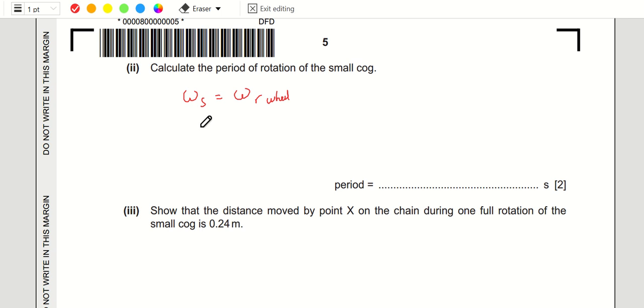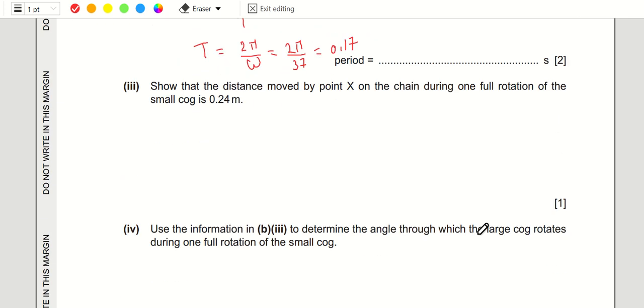And omega is equal to 2 pi over T, so T equals 2 pi over omega. So it is 2 pi over omega rear wheel that we have just calculated, 37. The answer will be 0.17 seconds.